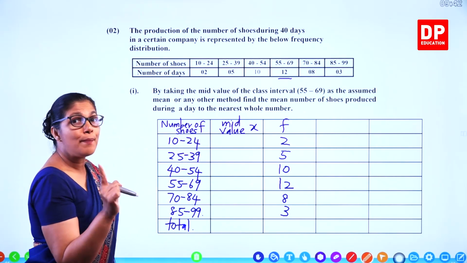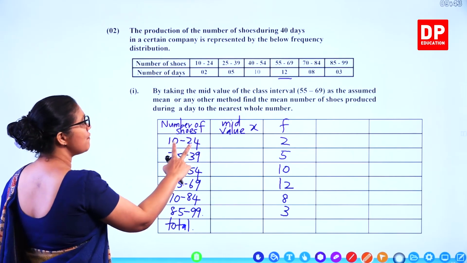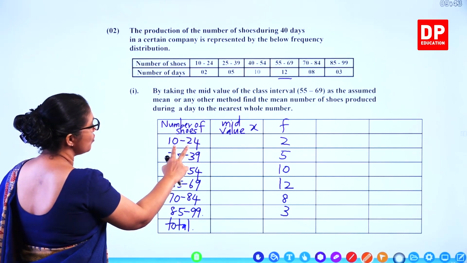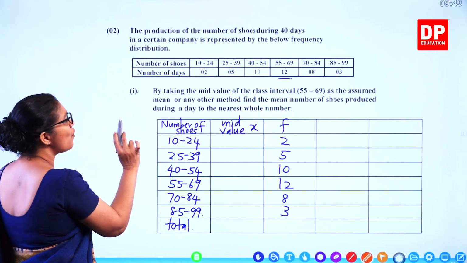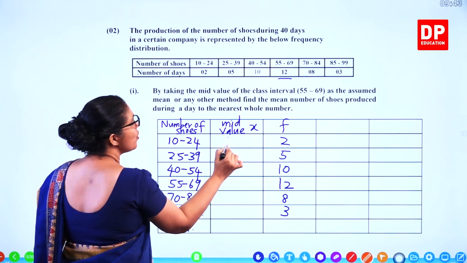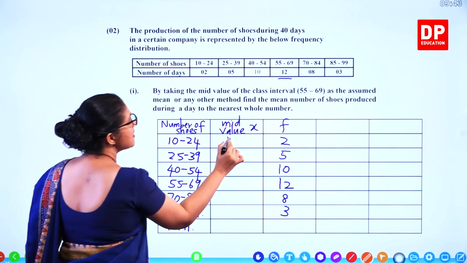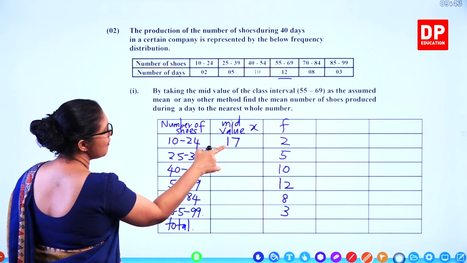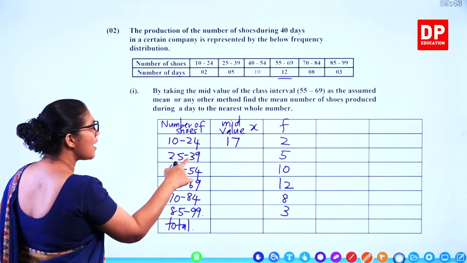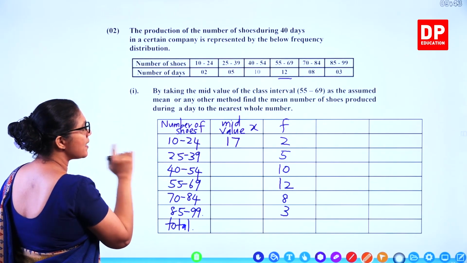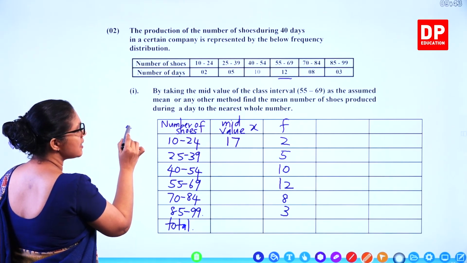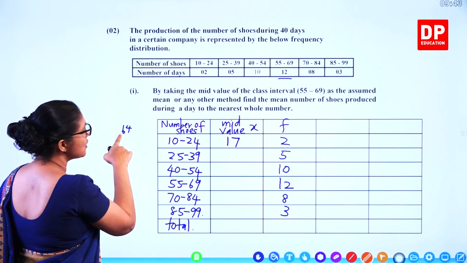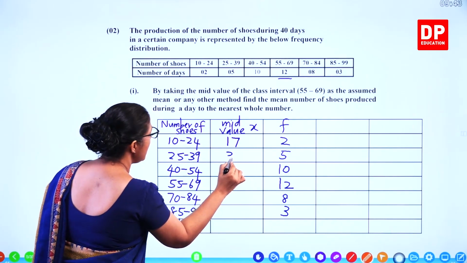So how do you find the mid value? You add the values and divide by 2. We can do the first two and get the pattern. 10 plus 24 gives 34, and 34 divided by 2 gives 17. Again, we'll do another one: 25 plus 39 gives 64, and 64 divided by 2 is 32.